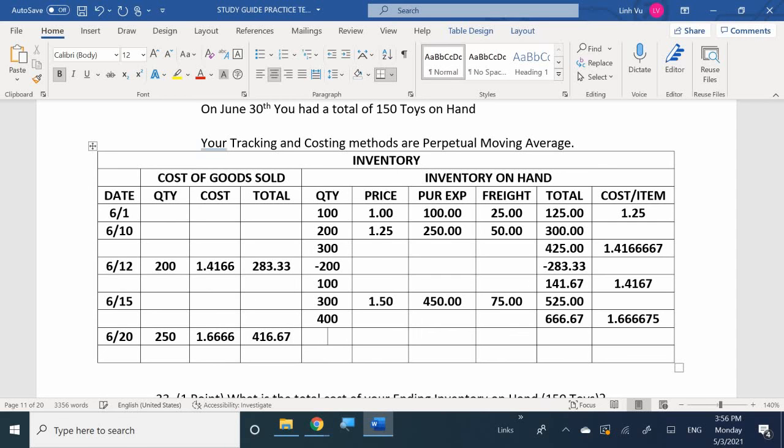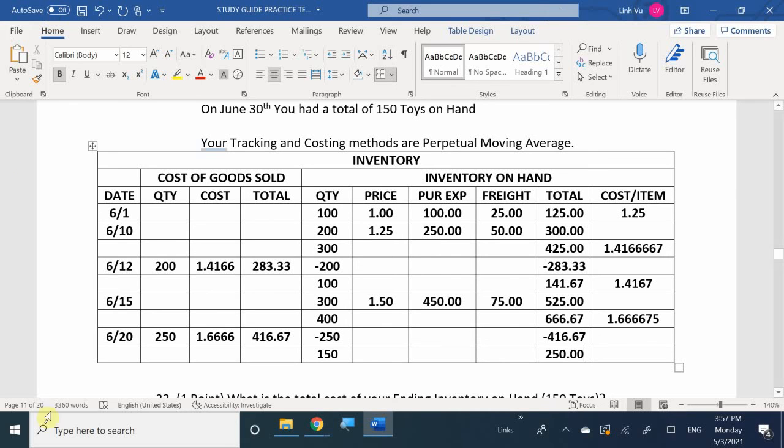Okay, and we're going to subtract that out of the 666.67. So then, what should I have remaining? 150 items at what total? 250. Yes, 250 even.